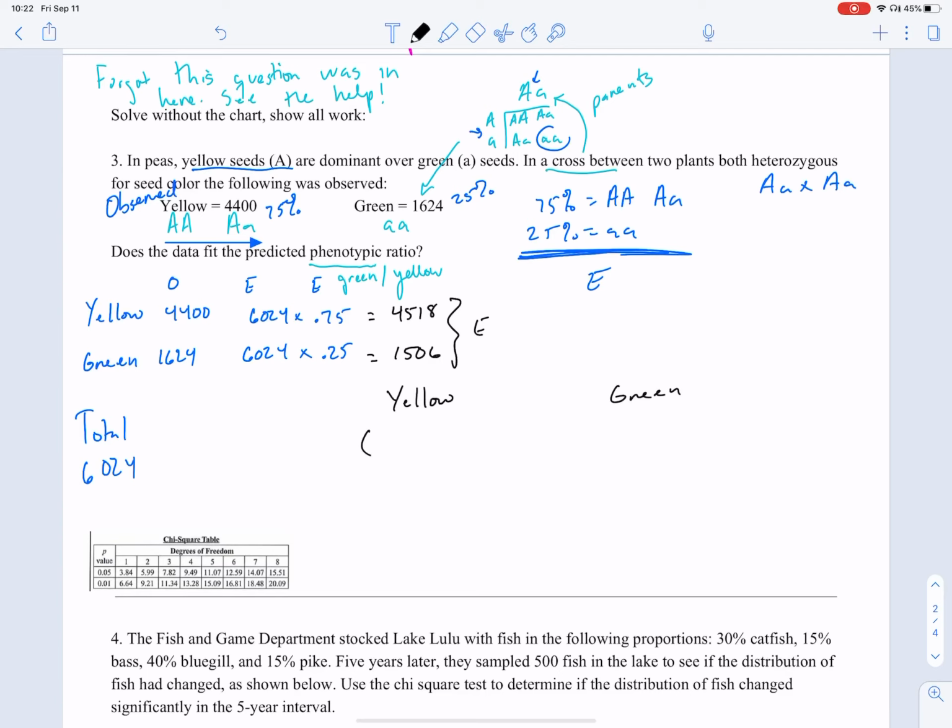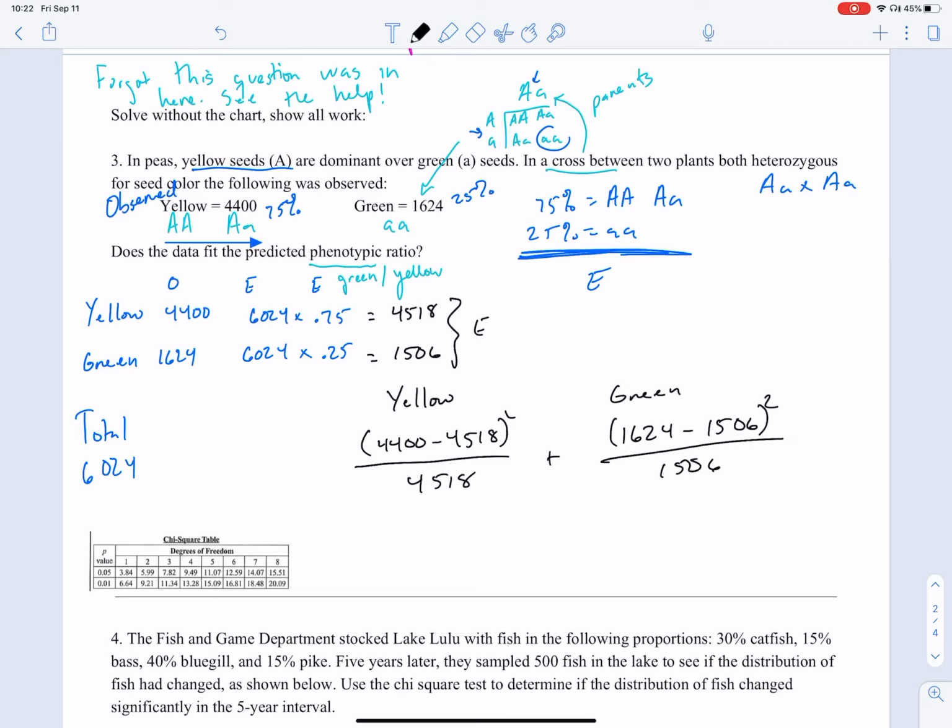My observed for yellow was 4,400 minus my expected 4,518, squared, over 4,518, plus my observed for green was 1624 minus my expected 1506, squared, over 1506. This gives me a number of 3.08, and this gives me a number of 9.25, for a total of 12.3.